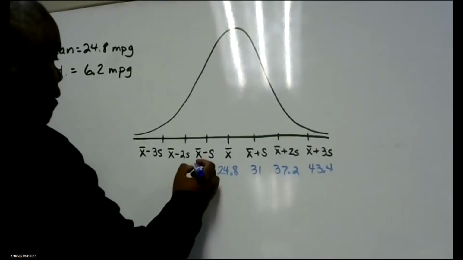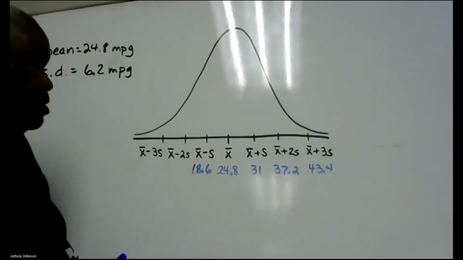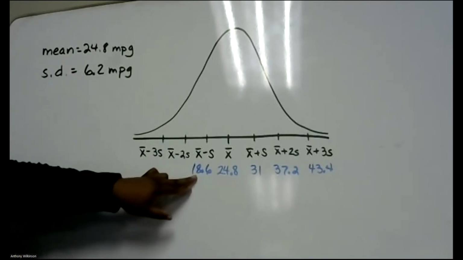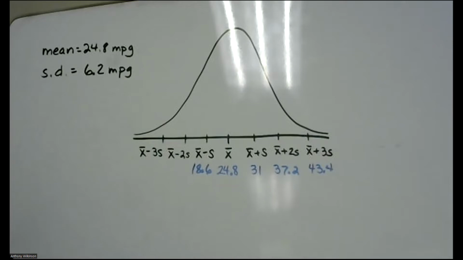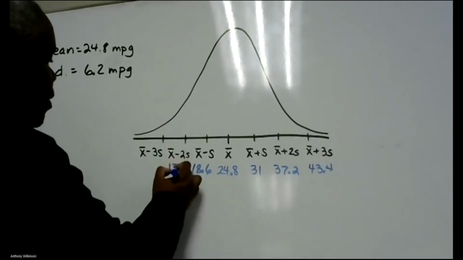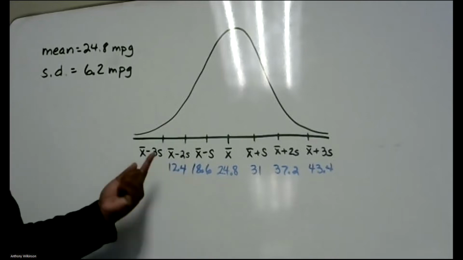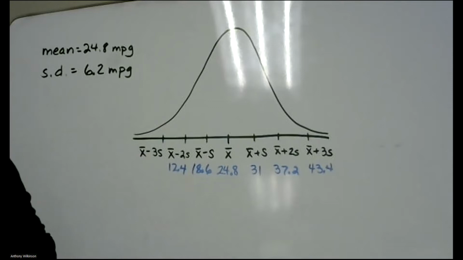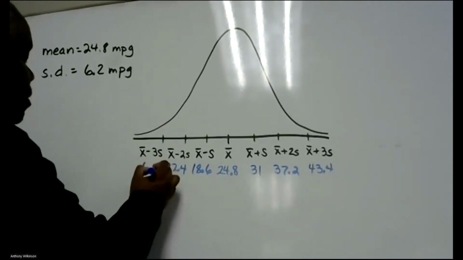This will be 18.6. Then for X bar minus 2S, if that's 18.6, I'll subtract another 6.2. That's 12.4. And finally, for 3 standard deviations below, we'll subtract another 6.2. And this will be 6.2.